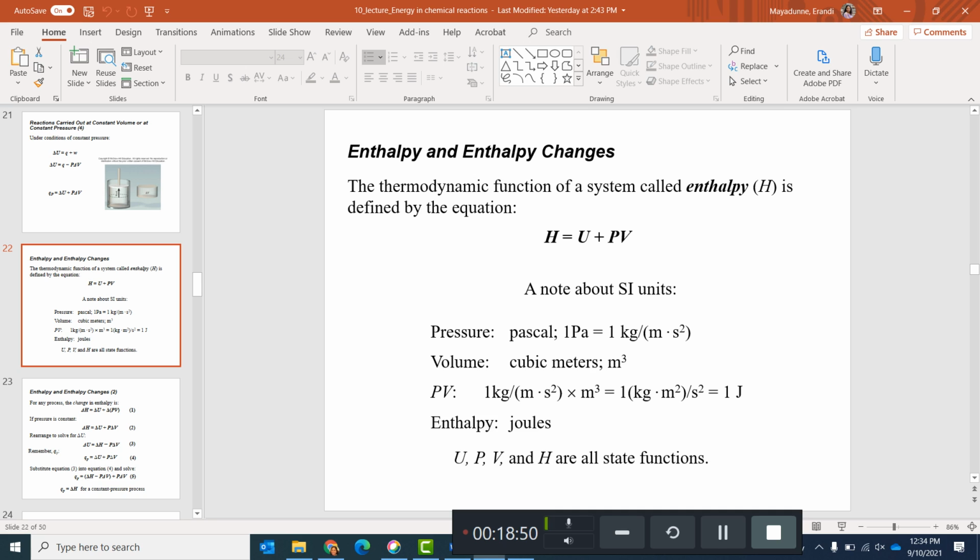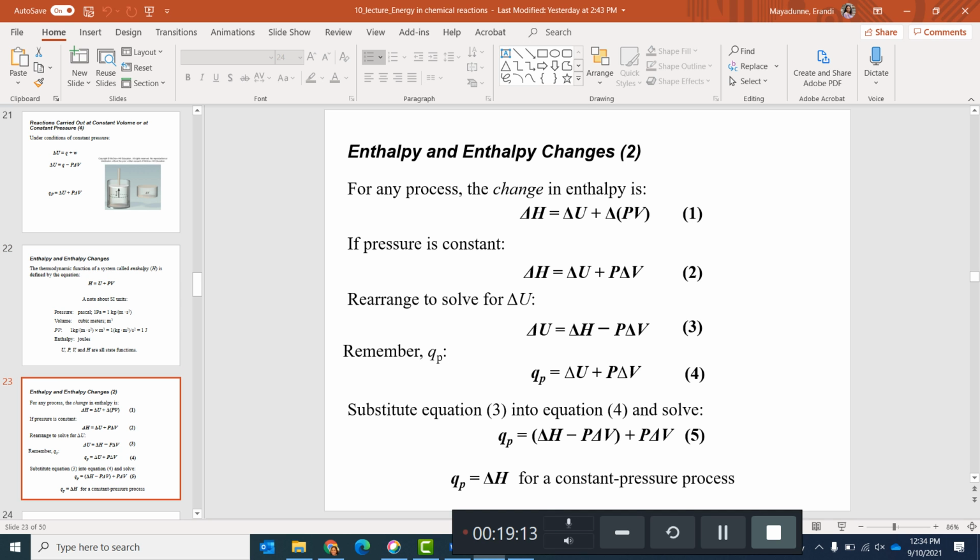And then I come here for the enthalpy. The thermodynamic function of a system called enthalpy, H, is given by the internal energy and the pressure volume work. Whenever you have this equation, make sure you have everything in the same unit so you can add it. With some rearrangement, delta H is delta U, the change in the internal energy, plus the change in the pressure volume work.